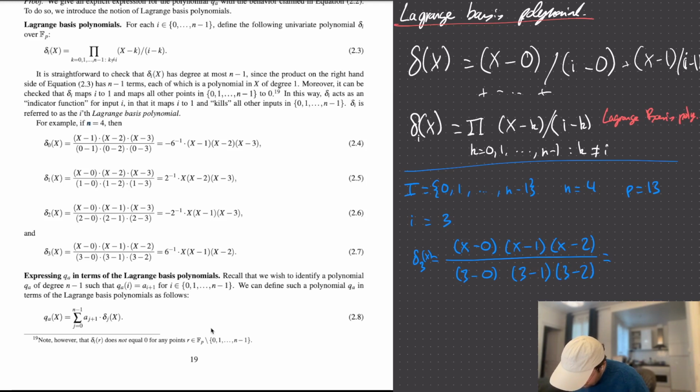So it's going to be x times x minus 1 times x minus 2. They're saying it's going to be 6, yeah, the opposite of 6 in the field. Yeah, I understand now.